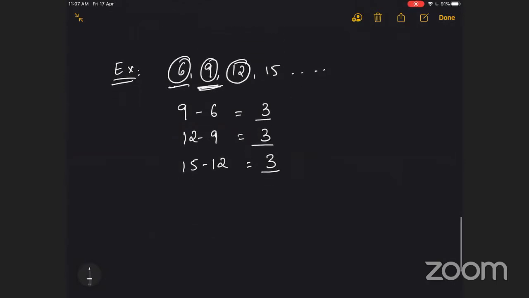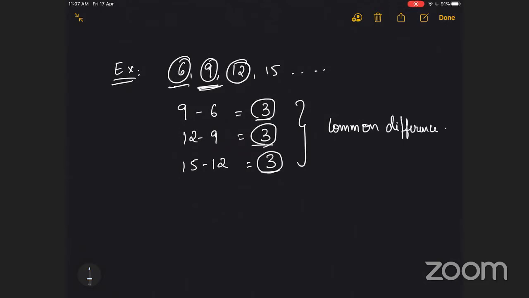This value obtained is called the common difference. So what is common difference, guys?